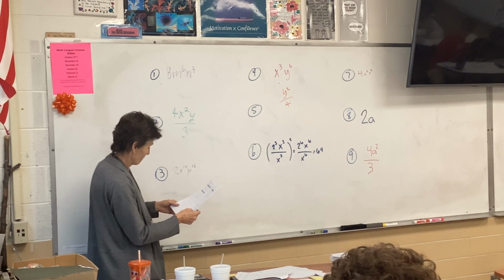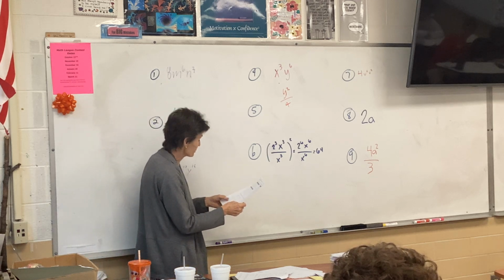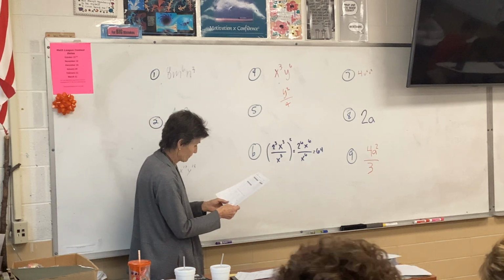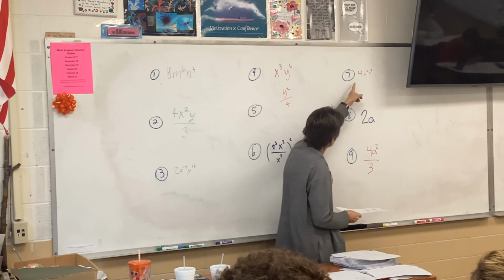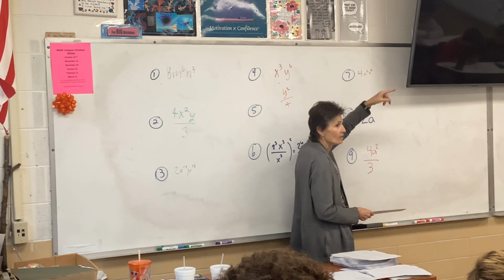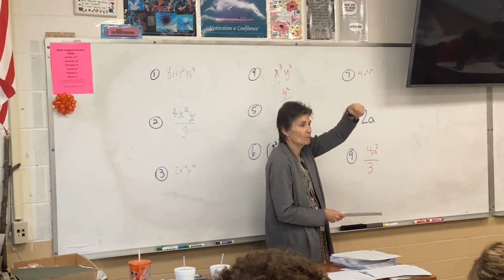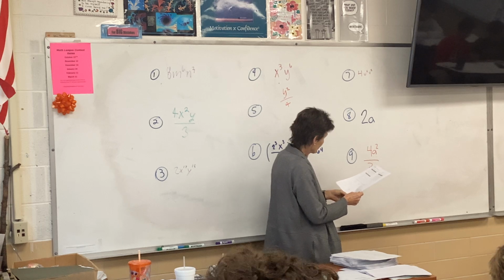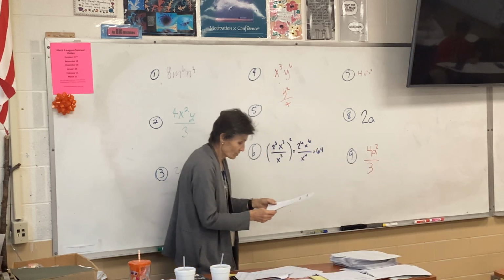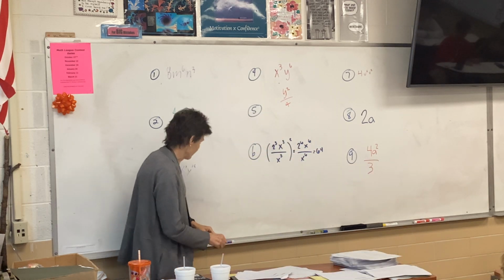Can we go over 3? Yep, just checking a second. That one is 4u to the 6, v to the 8. And you guys put stuff on the board, remember there's people in the back, so make sure it's good. Number 8. Okay, so we need to talk about 3.